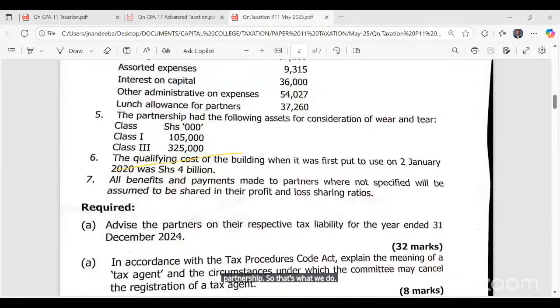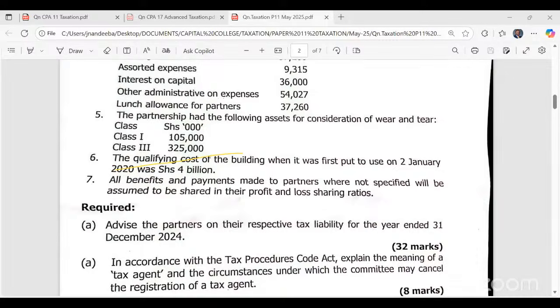So among the non-allowable deductions, you're going to go to the POL. Anything that was paid to the partners becomes a non-allowable deduction. The only exception is interest on the loan.